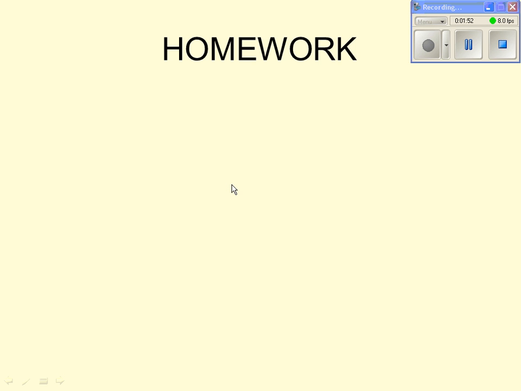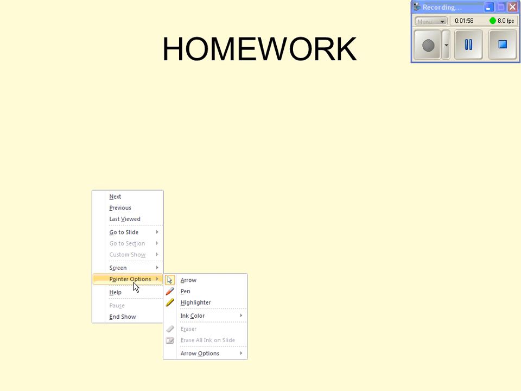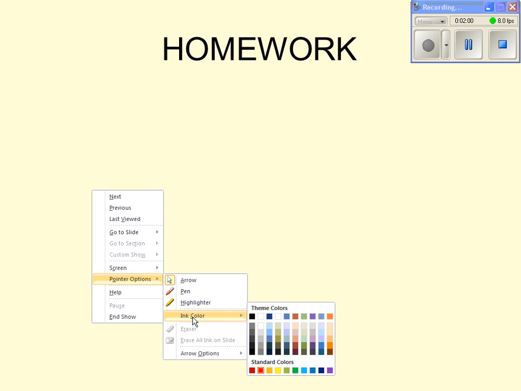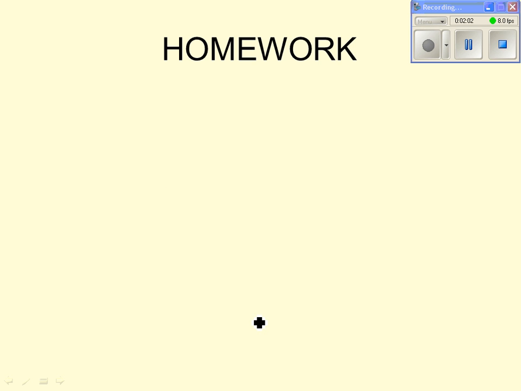So on this problem, just to help you remember some stuff from algebra, first thing you should do: define your variables.